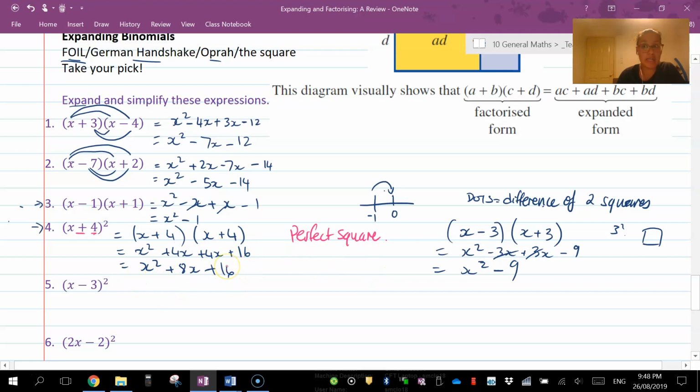So you can use that as your shortcut, but you've got to start to do a few of them before you recognize that pattern. And it's the same with the difference of squares. You start to do enough of them, you'll find that you might skip this step and go straight to here, or straight to here.